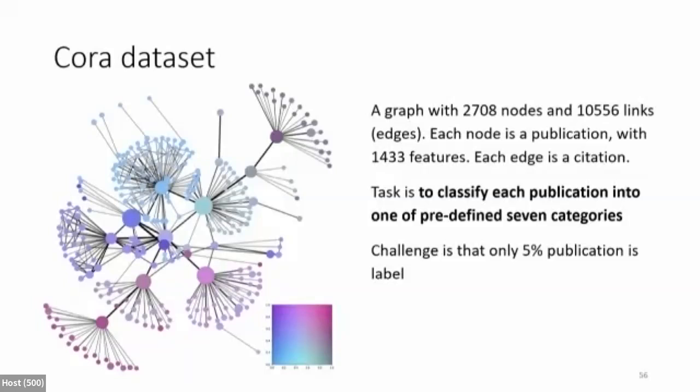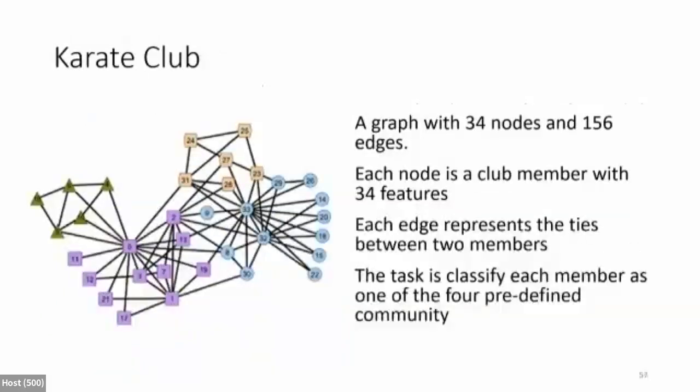We don't know, and that's the job of the graph neural network: to learn a pattern in this graph, so as to predict the category of the 95% of the publications in this dataset. And in our example, we will compare the performance of the GNN with respect to a simple multi-layer perceptron.